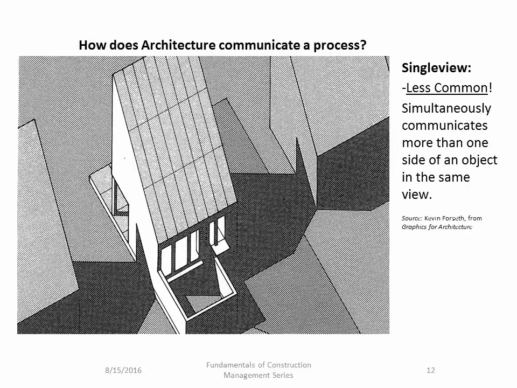And here's an example of a single view. It's much less common, but as you can see here, and this would be an axonometric, so that if you look at the edge of the page, each angle is somewhere around 60 degrees or 45 degrees from an angle of the edge of the page. But in this case, we're seeing that we can simultaneously communicate more than one side of the house here, or the object on the paper, by being able to have a drawing that looks at multiple sides in one single view of the building.